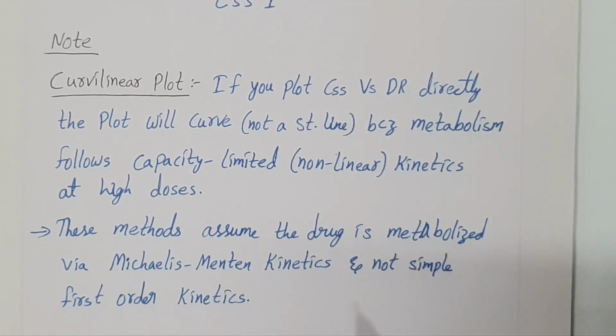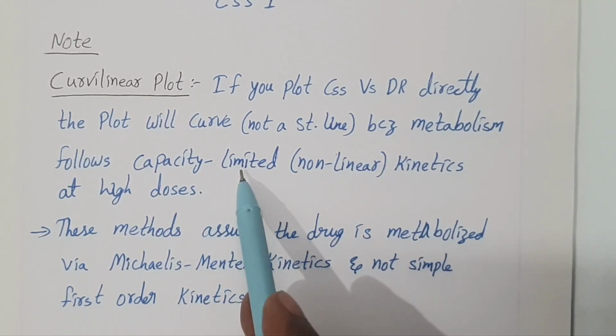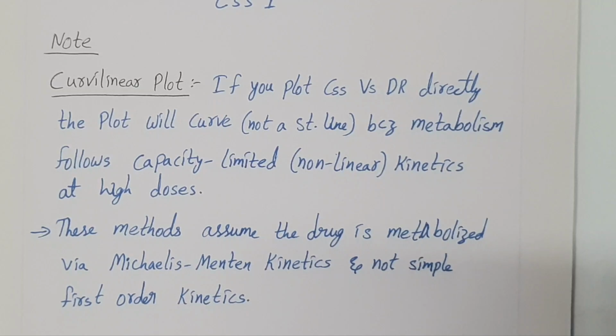At high doses the curve goes upward. The reason is that metabolism is capacity limited, so there is non-linear kinetics when the enzyme is saturated. This plot is only for observation, not for exact Km and Vmax.